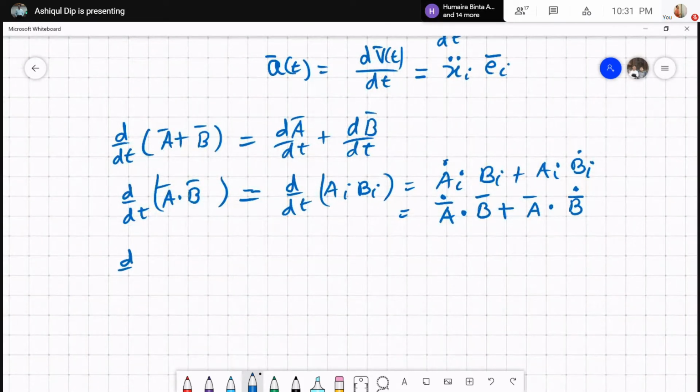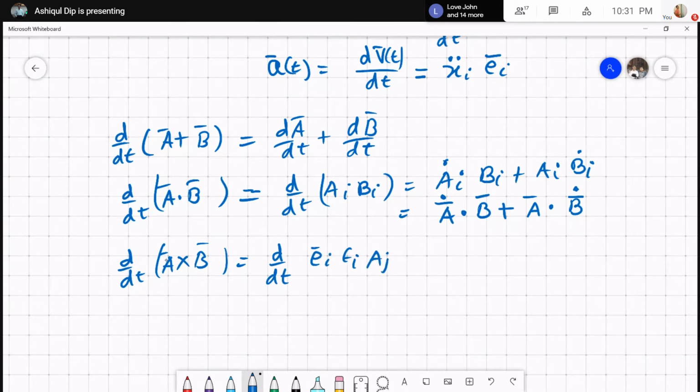Okay, so d/dt of A cross B, what happens then? You can do the same way you did in the dot product. You could write it as ei epsilon ijk aj bk. Sorry, I'm looking at the clock so much, and I'm trying to hurry.